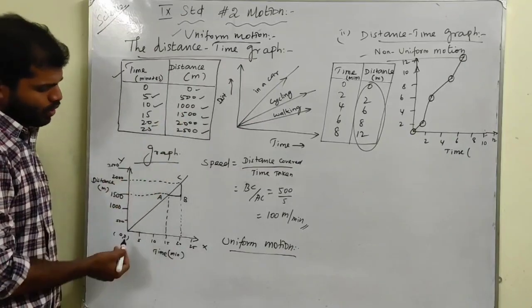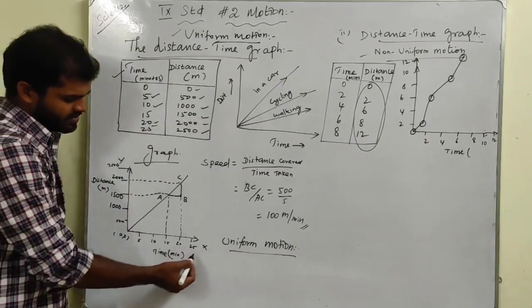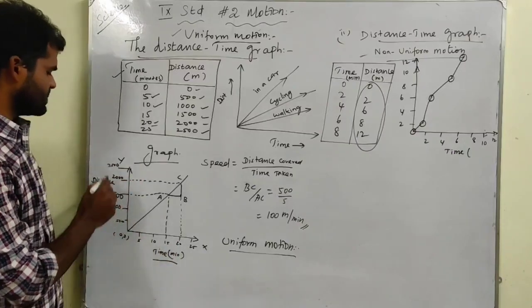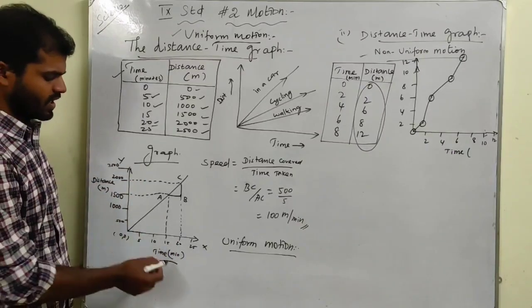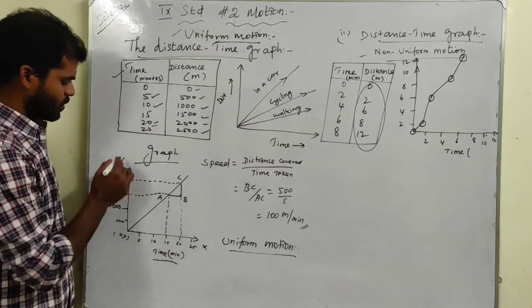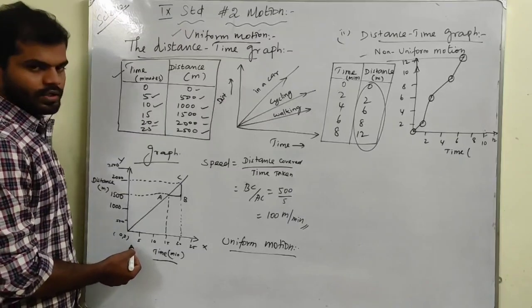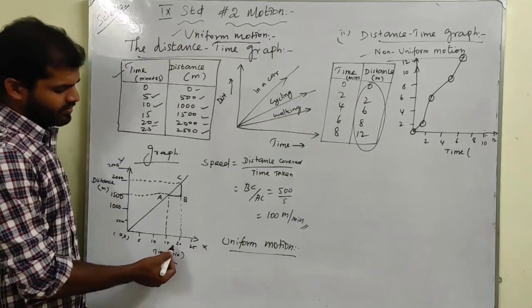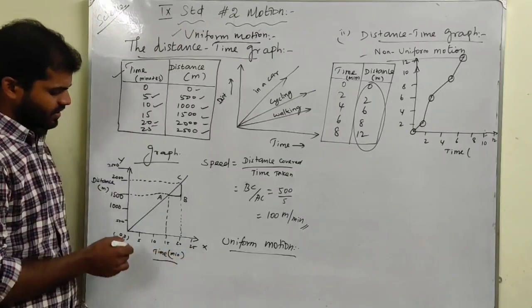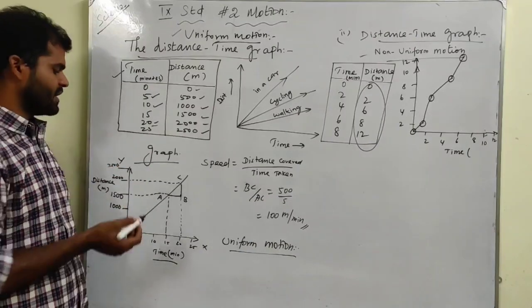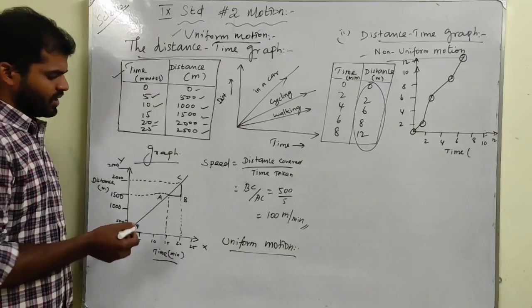Let me plot the points here. The x-axis is taken as time, in minutes, and the y-axis is taken as distance, in meters. That should be mentioned. Take the points 5, 10, 15, 20, 25 on the x-axis and 500, 1000, 1500, 2000 and 2500 on the y-axis.